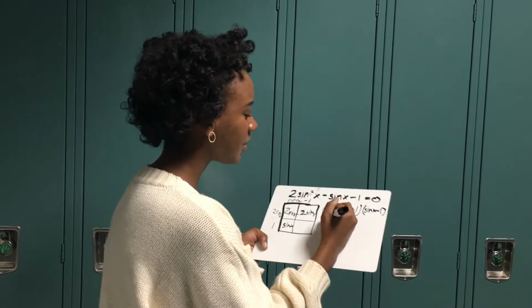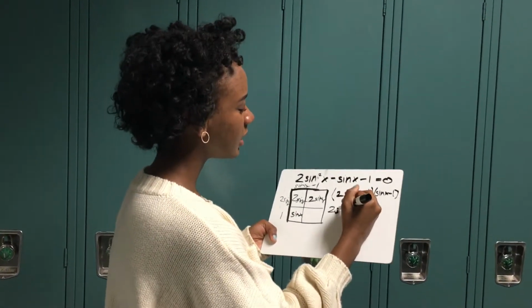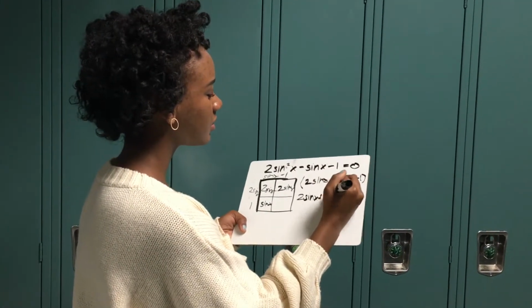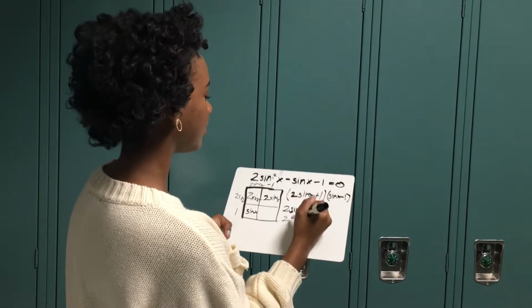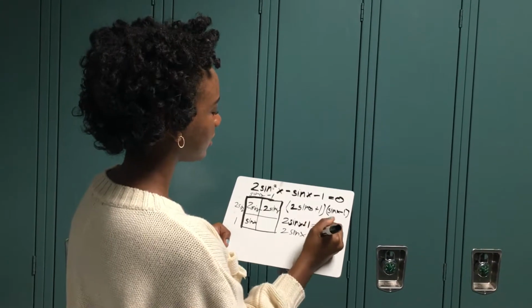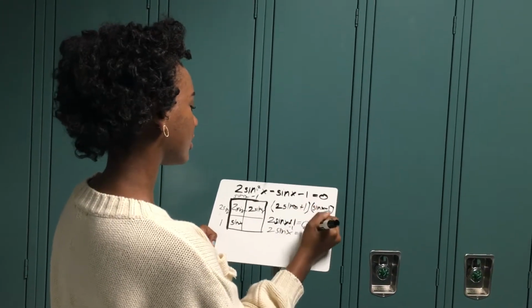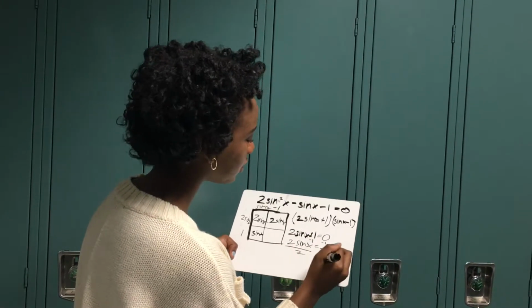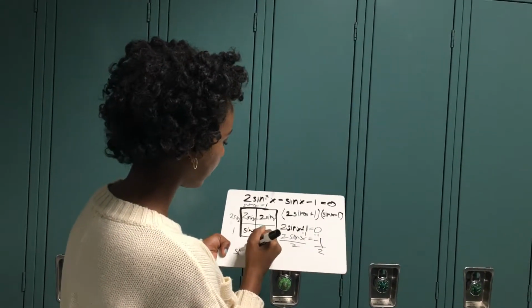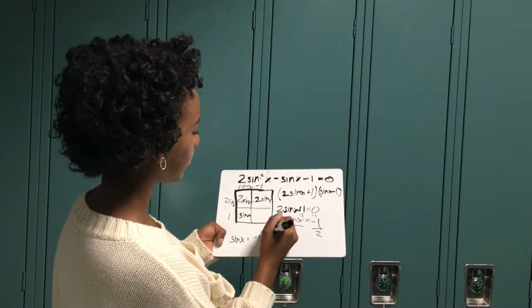From here we can set both of these equal to 0. So 2 sine of x plus 1 equals 0, which means you subtract 1 on that side and divide both sides by 2. So you have sine of x equals negative 1 half.